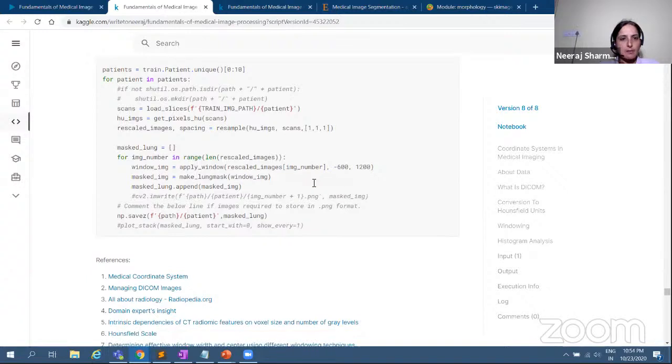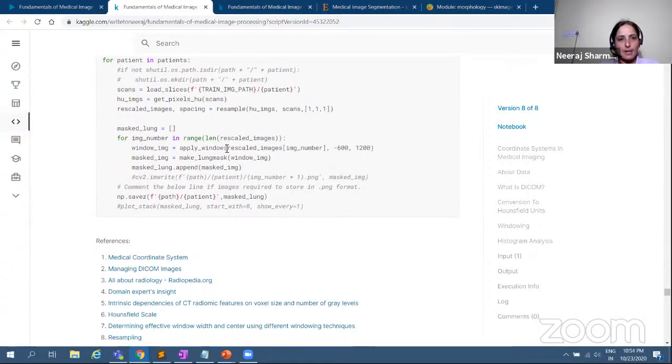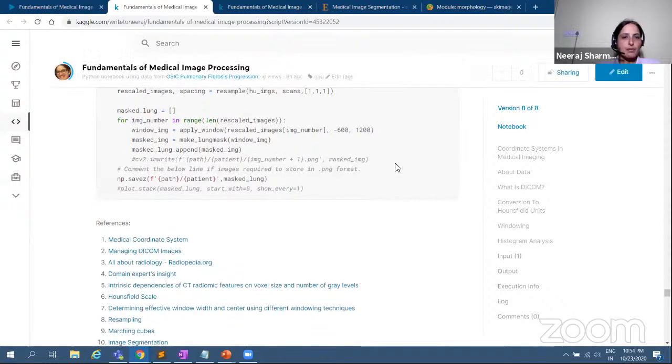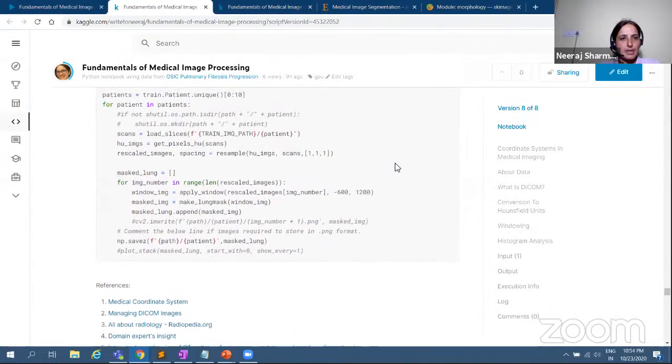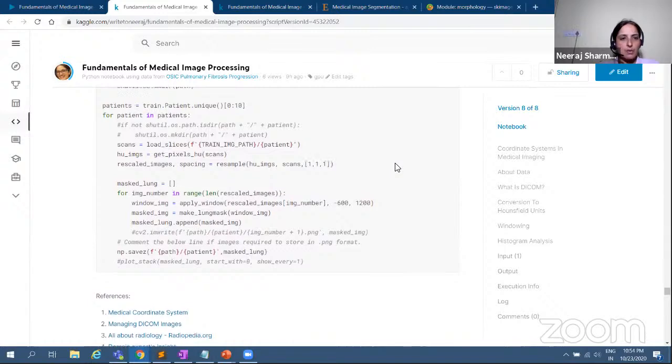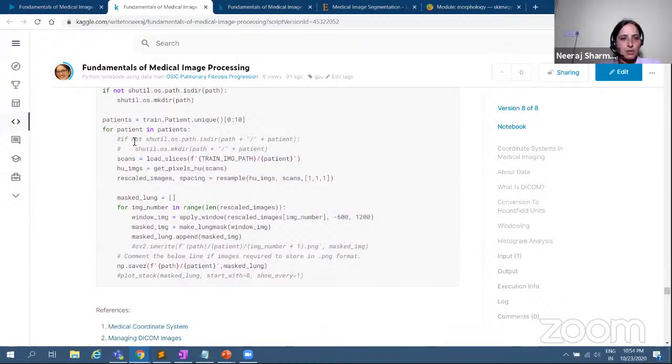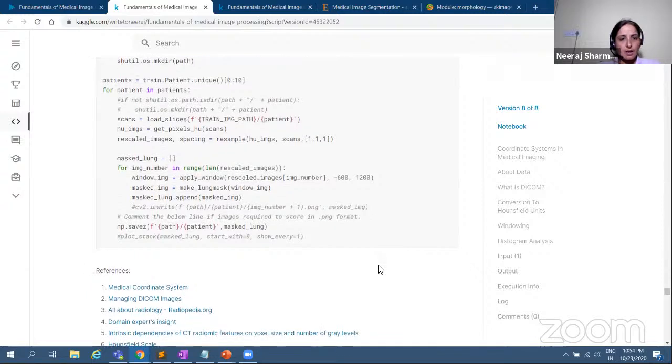Then the resampling is happening, and then we apply the windowing just before the segmentation, and then we apply the segmentation, append it and store it in NPZ format. NPZ is just a compressed format for storing the images. If we want to store it in PNG format for all the patients, then you need to just remove these comments and comment out this line, and you will get it in PNG format.